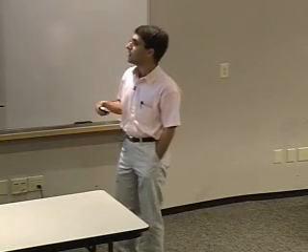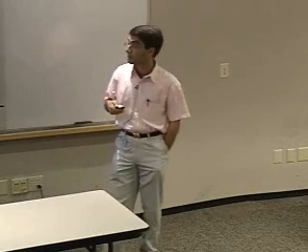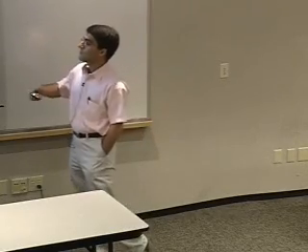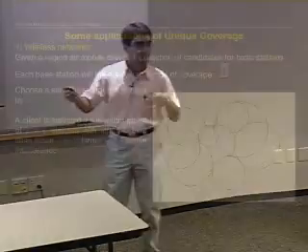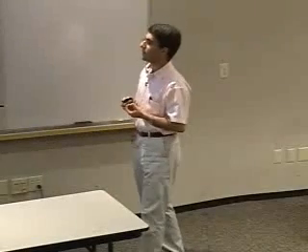And we have to select some of these potential candidate places to install the station so as to maximize the service. And what do we mean? A client is going to be serviced if it is within the range of at least one base station, and if it is within the range of several stations, then because of the signal interference, the service quality is not very good. So ideally, we would like every client to be serviced by exactly one station.